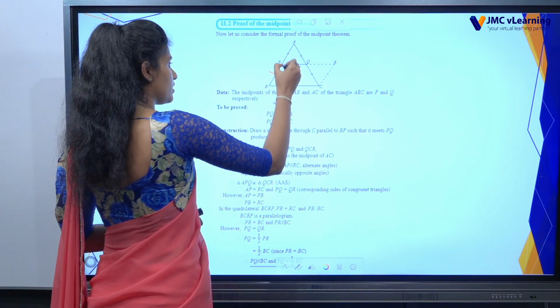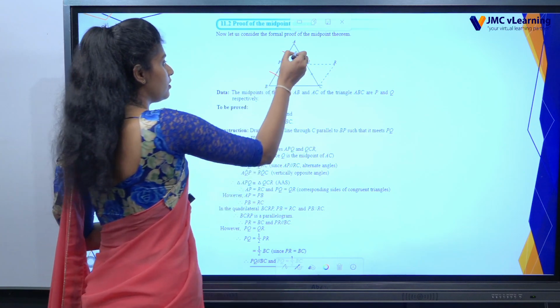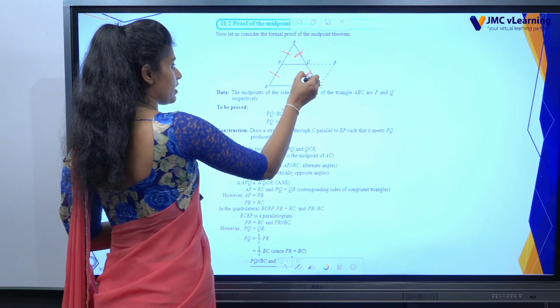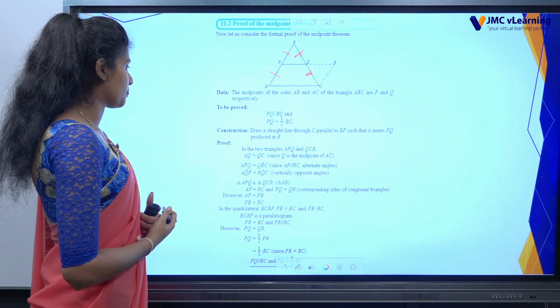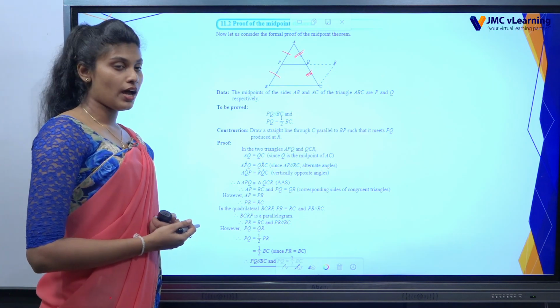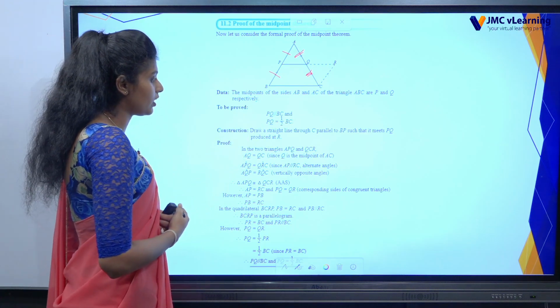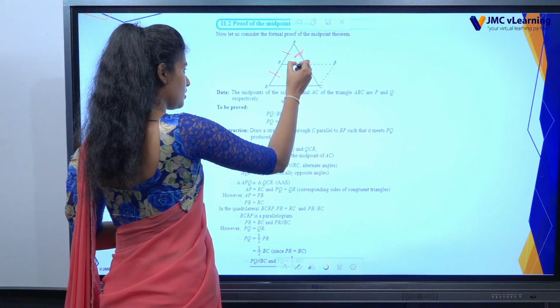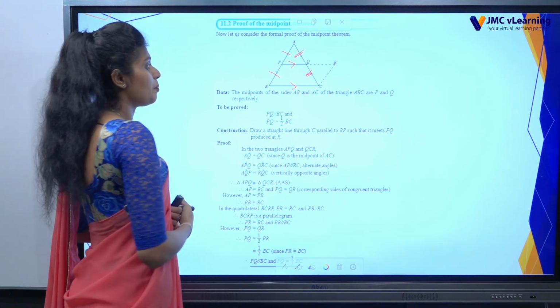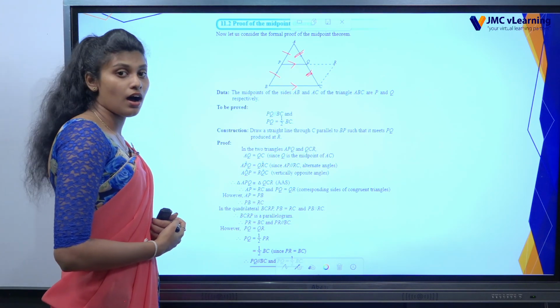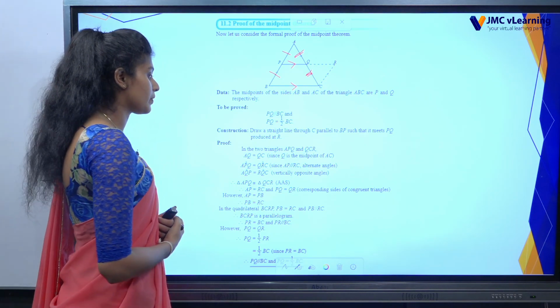That means these two sides are equal and these two sides are equal in length. What we have to prove? We have to prove PQ parallel BC and PQ length is half of BC.